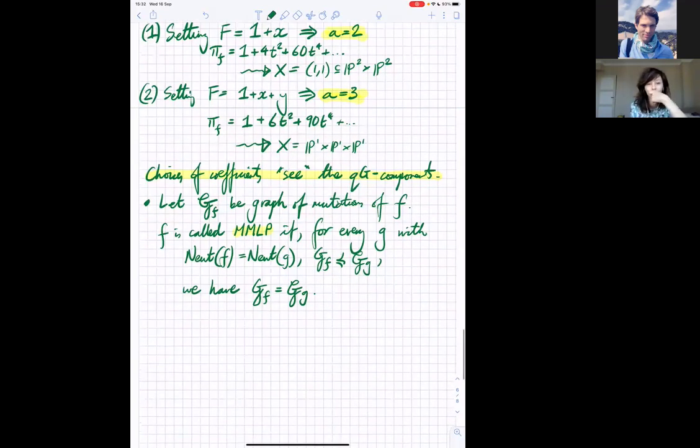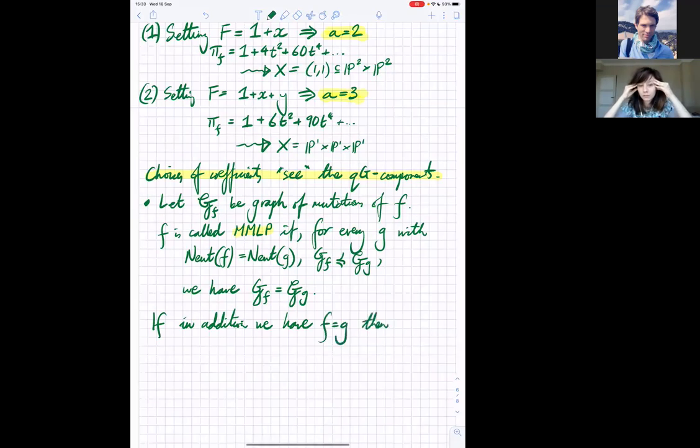Okay. And then in addition, sorry, let me try and write this in better English. So if in addition we have that the Newton polytopes agree and one mutation graph is contained in the other mutation graph, then this forces not only that the mutation graphs are the same, but in fact the Laurent polynomials are the same.